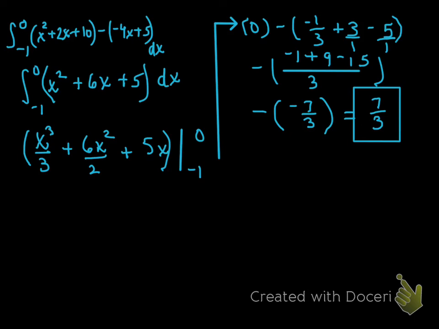So when the dust clears here, we have found the area of that region enclosed by the three curves, and we've opted to go top curve minus bottom curve and integrate with respect to dx. Upcoming example now, a little more difficult. We're not going to be able to go top curve minus bottom curve.